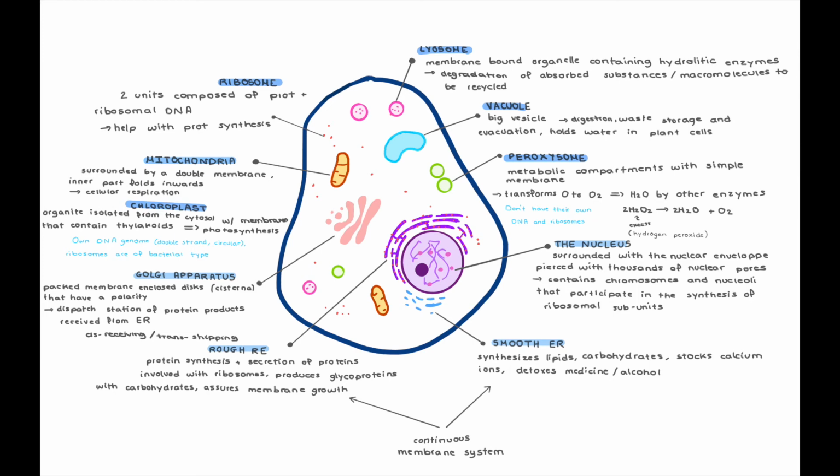And they each have their own DNA genome, which is double-stranded and circular, and they have their own ribosomes that are of bacterial type. You're probably wondering, first of all, why do they have their own genome? And secondly, why are they of bacterial type, being circular and all? And that is because of the way eukaryotic cells actually first appeared, and it was in symbiosis with these little organelles.